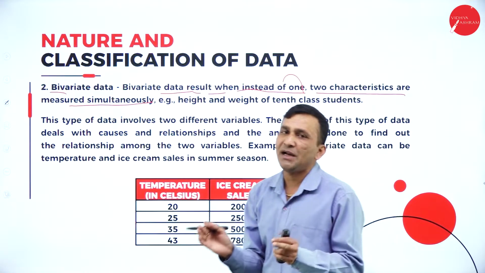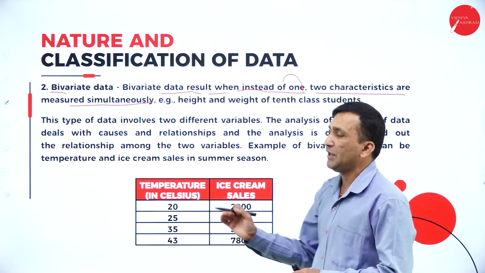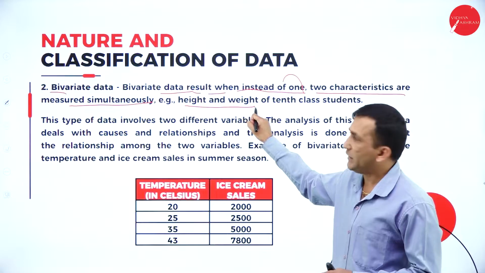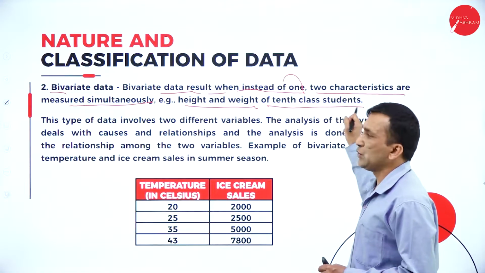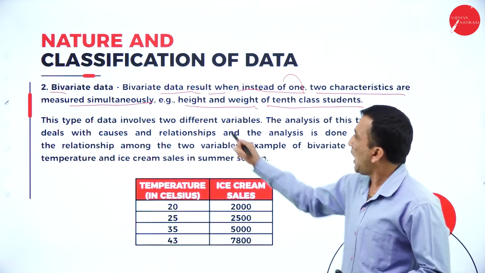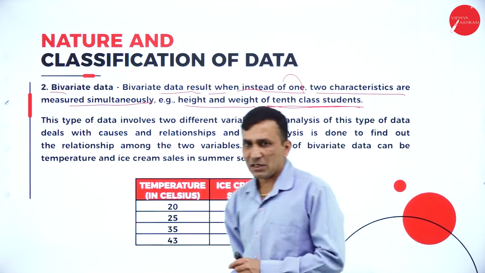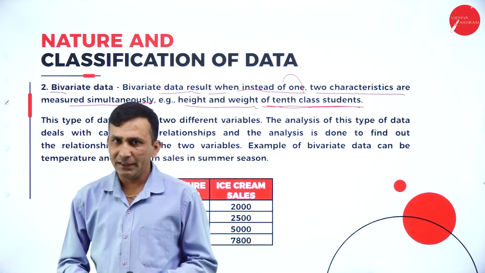We are not separating them individually; we need to study the two variables. For example, height along with weight of 10th class students. Obviously it is coming under the category of bivariate data.